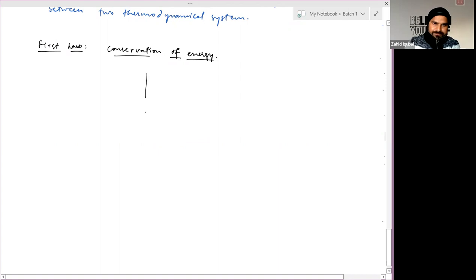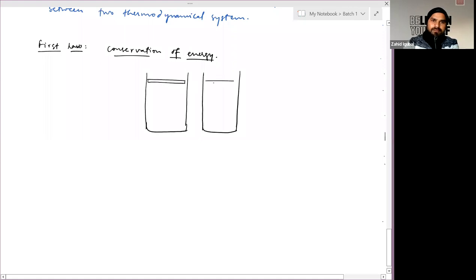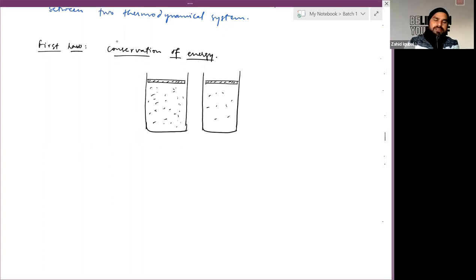Suppose you have gas enclosed in a vessel. If you supply heat to this particular system, or if you eject heat from this system, it may be utilized in two different processes.